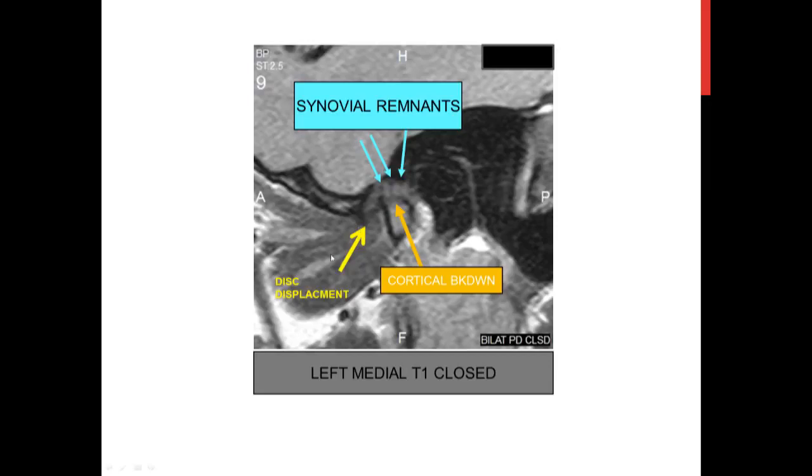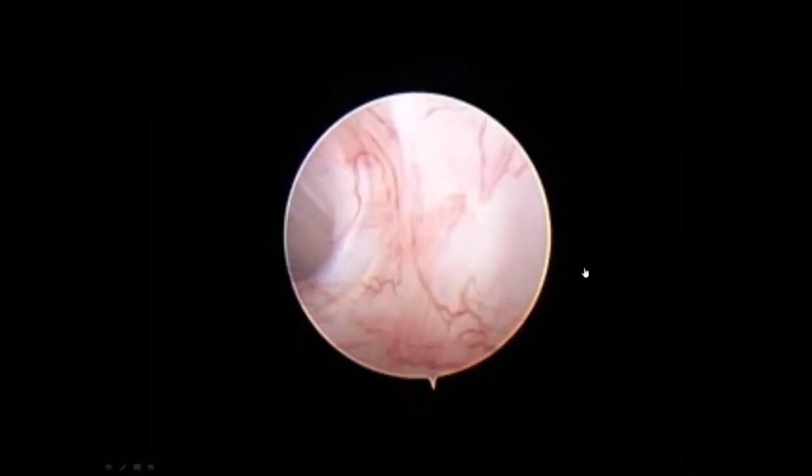And here in the yellow arrow, you can see, as I outline this with my white mouse pointer, the displaced disc. Now, all over here is fibrotic tissue. And there's inflammation behind over here. And there's the fibrotic tissue.